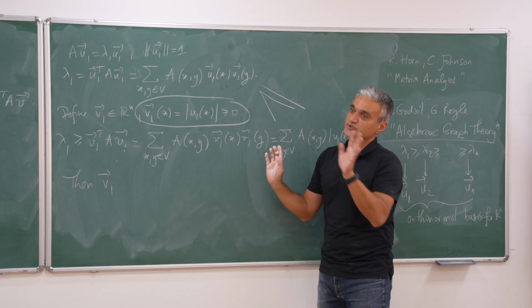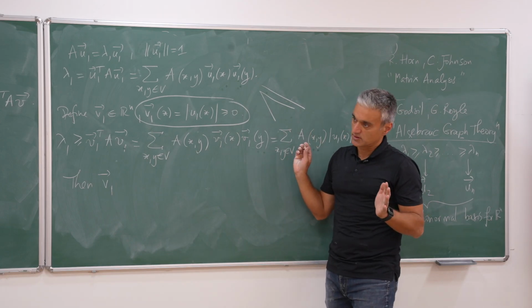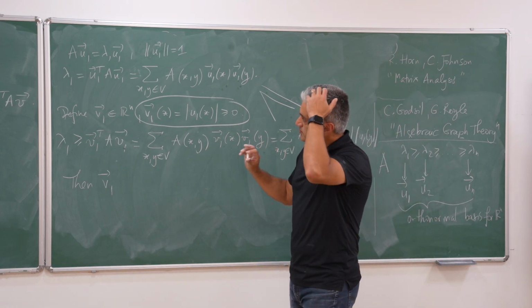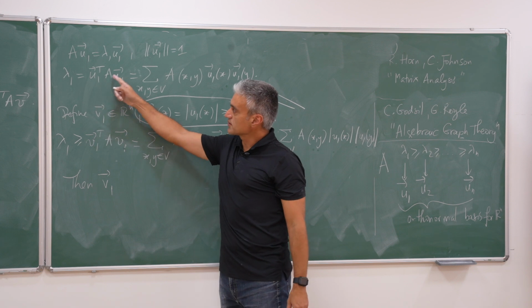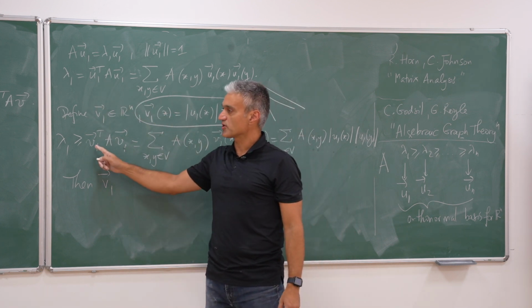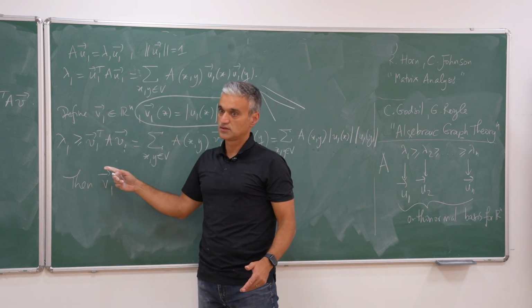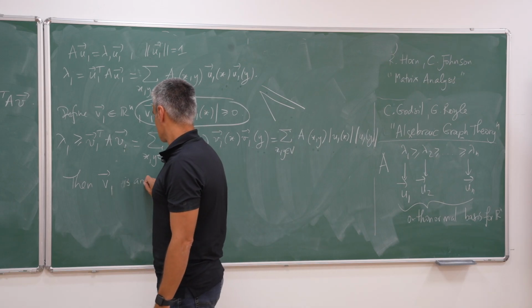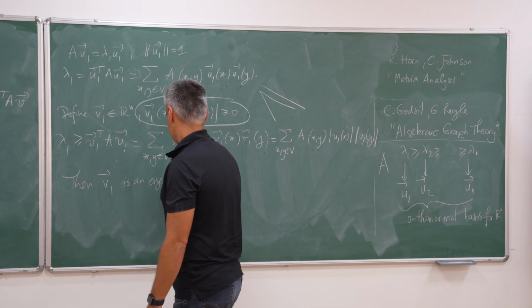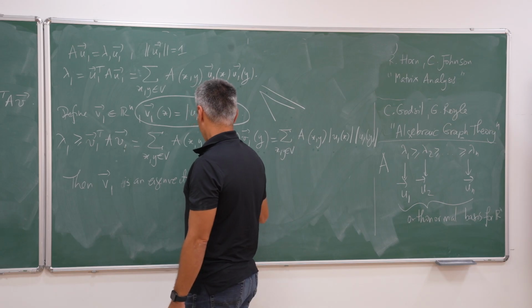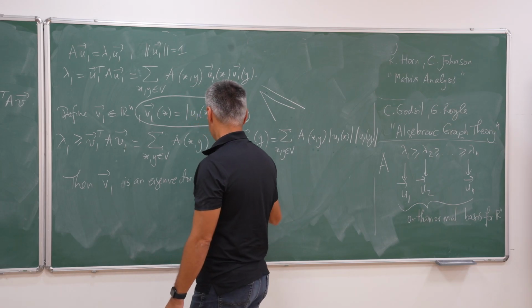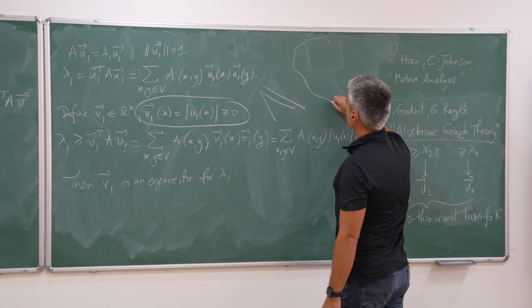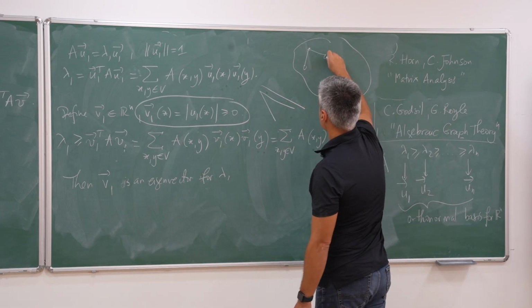But some of them could be 0. But before we get to that, because of all these equalities, what can you say about V1 and lambda 1? V1 is an eigenvector for lambda 1.